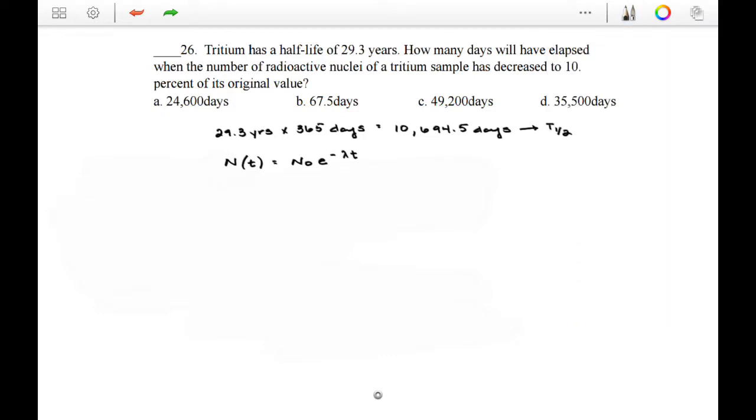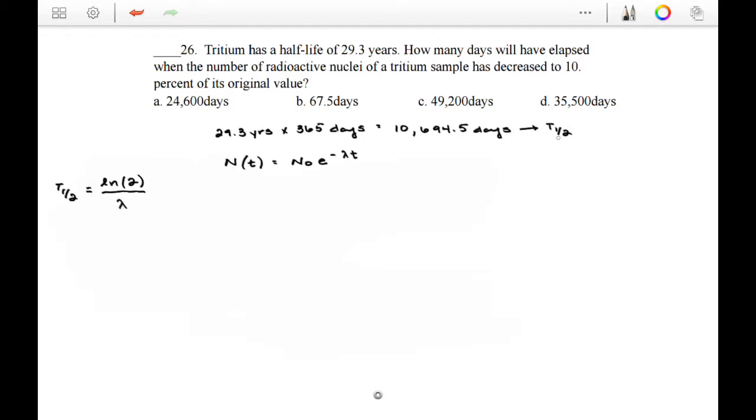To do that, there's another equation that we can use, and that is that the half-life time, T half, is equal to ln 2, natural log of 2, over the decay constant.